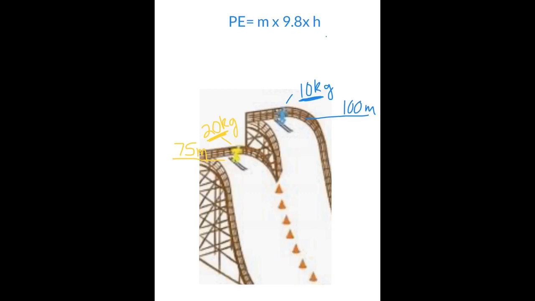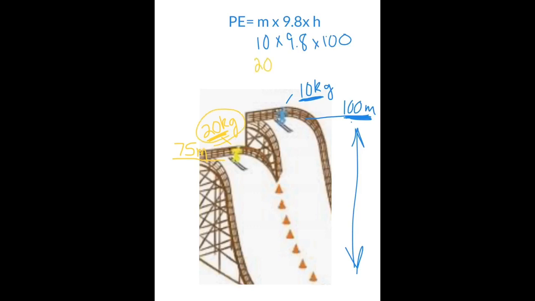So if the equation is mass times 9.8 times height, the blue guy would be 10 times 9.8, because 10 is the mass, and his height, I said right here, he's 100 meters up. So from here to here would be 100 meters. So times 100. That would be his equation. Now, the yellow guy, it's the same thing, except this time his mass is 20.